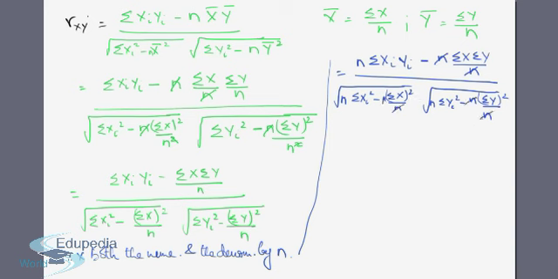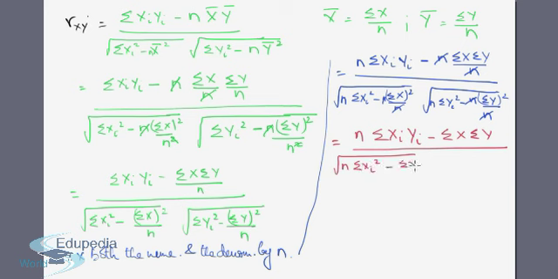and you're left with the final form of the formula which we intended to derive, which is n times summation xi yi minus summation x summation y divided by root under n times summation xi square minus summation x square multiplied by n times summation yi square minus summation y the whole square.